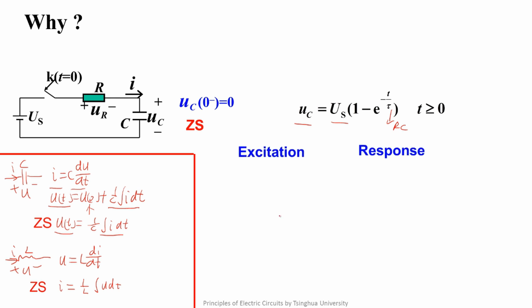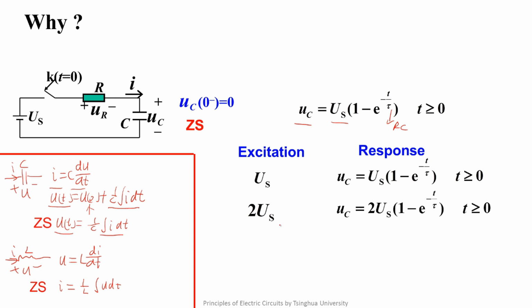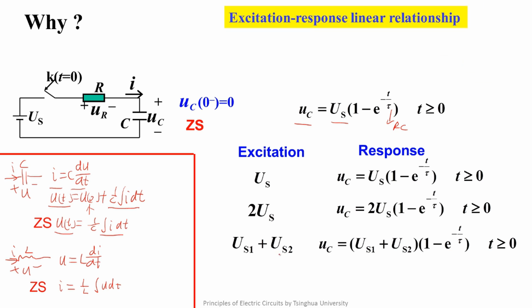If the excitation is US, the response is this. If the excitation is twice as much as before, the response is obviously twice as much as before. If the excitation is the sum of two excitations, the response obviously is the sum of two responses respectively. Thus, we verified that the relation between the excitation and the response is linear.